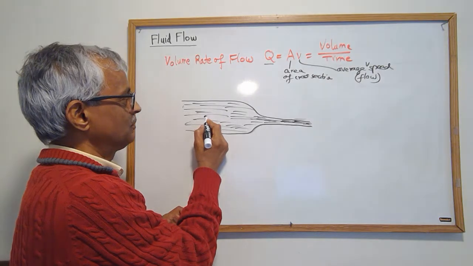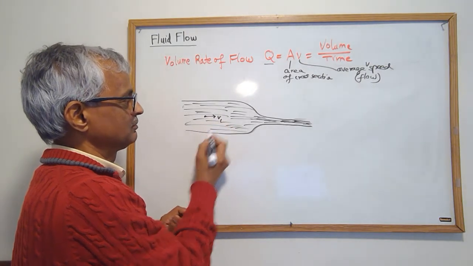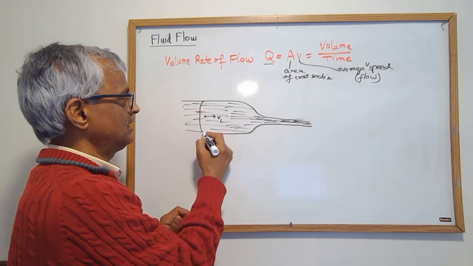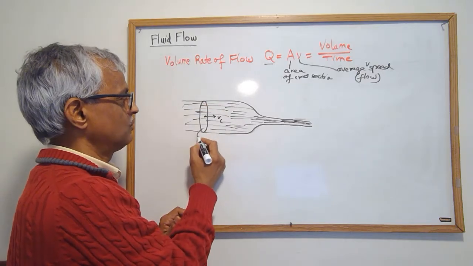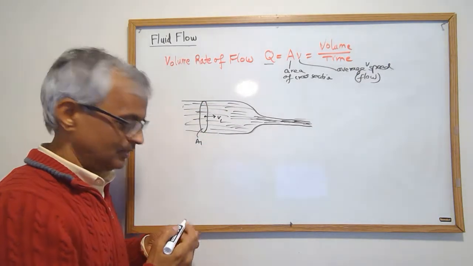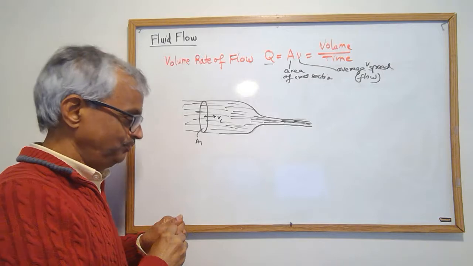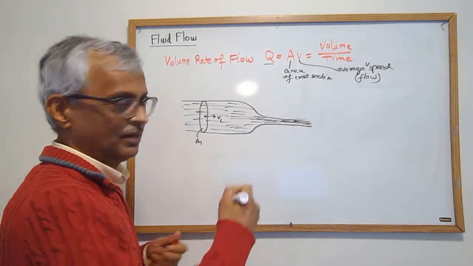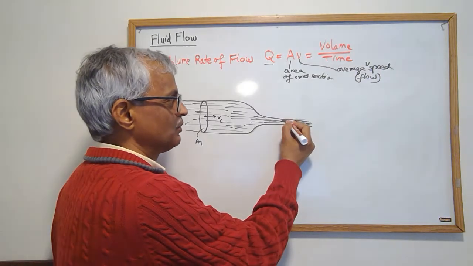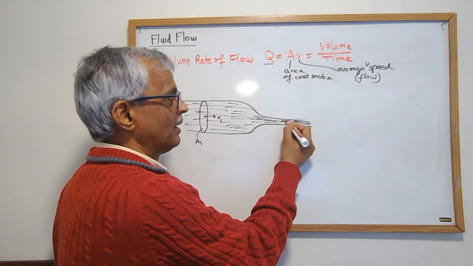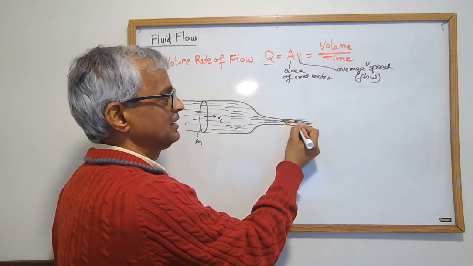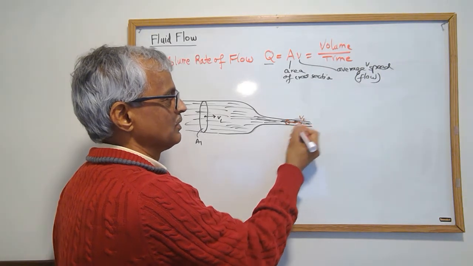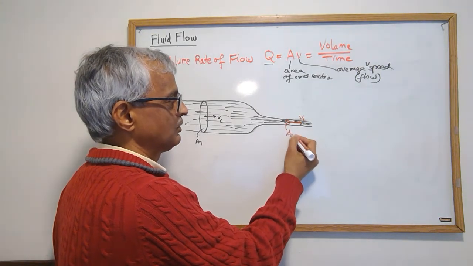So let's see, over here the speed is V1, and this area of cross section here is A1. Okay, so we want to compare with what will happen over here. Let's see, speed is V2 and area of cross section is A2.